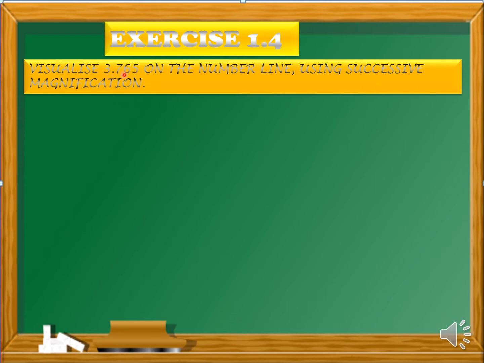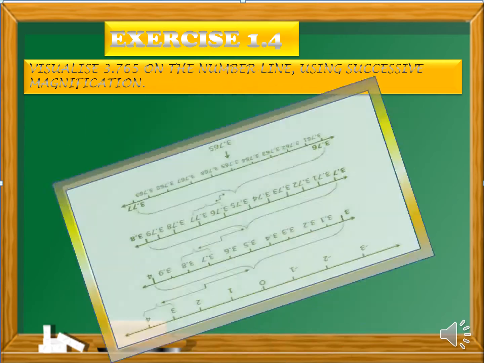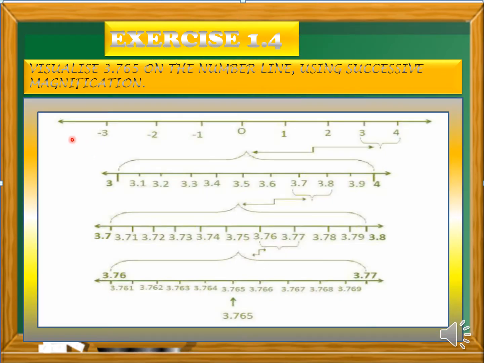Same we are going to use here to represent 3.765 on the number line. So here we are going to take a normal number line, as I said in the previous solved example, containing integers -3, -2, -1 so on till 4, or rather than that, 5, 6 also we can take.